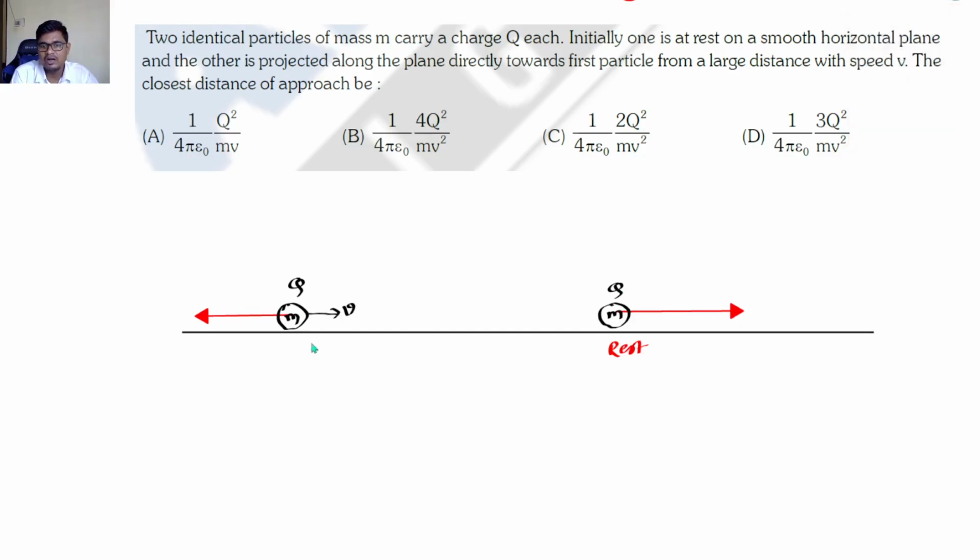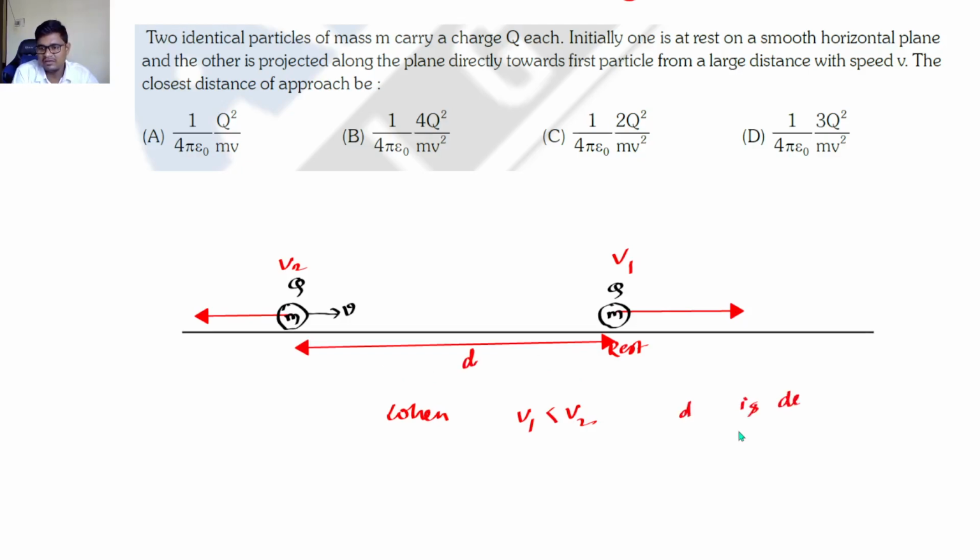So look here, let's say at any instant of time they are moving with the speeds v1 and v2. So let's say this is the speed of 1, v1, and this is the speed of v2. When v1 is lesser than v2, the distance between them will be decreasing. The distance d between them is decreasing.